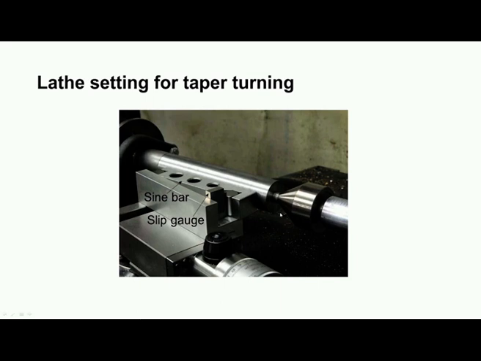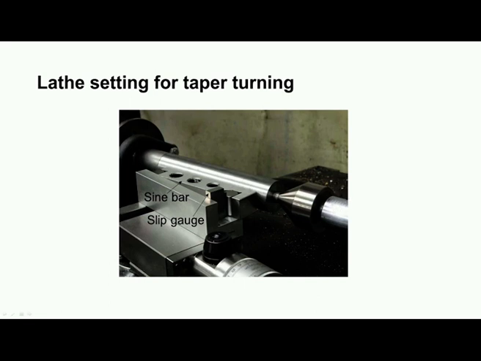Now, you can see another application of the sine bar. This is setting of a lathe for taper turning. You can see the workpiece in which we have to cut a taper. The tailstock quill can be moved.